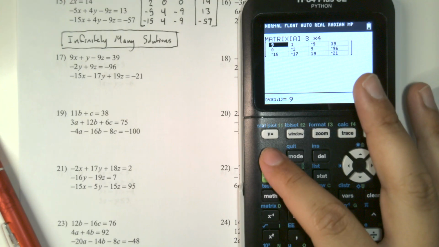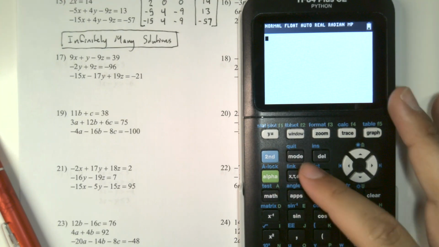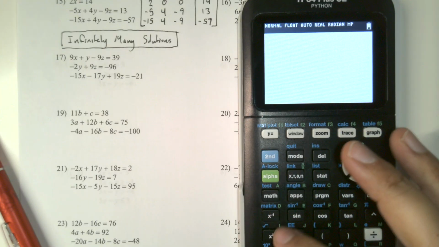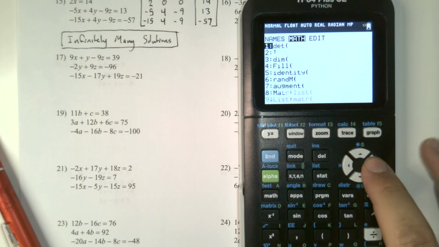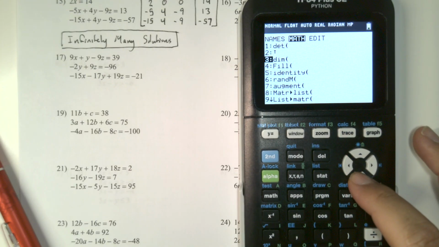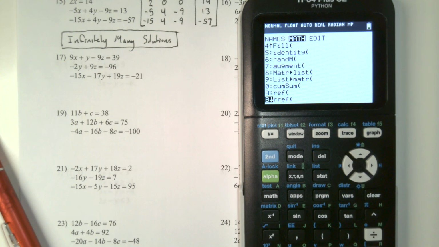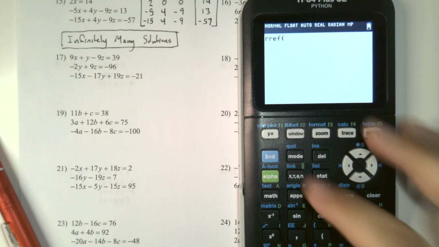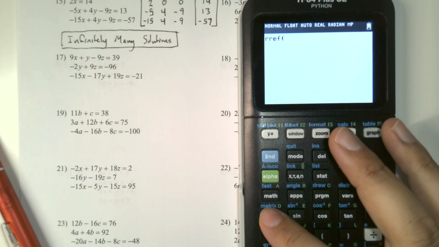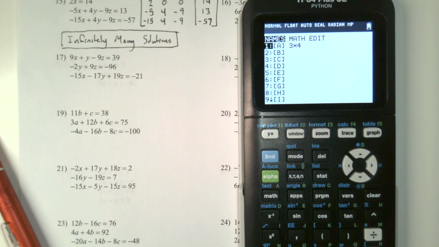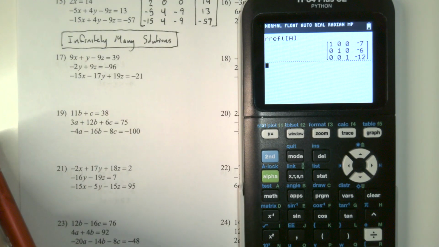So let's see what we get. We're going to quit out, second, matrix, math, scroll all the way down to RREF, enter, second, matrix, enter, enter, and there we go.